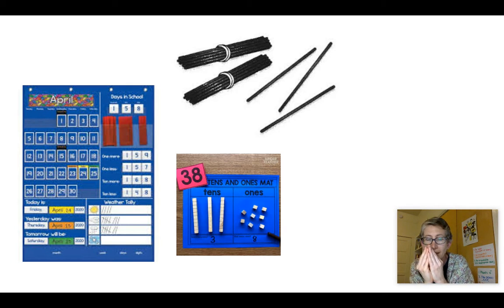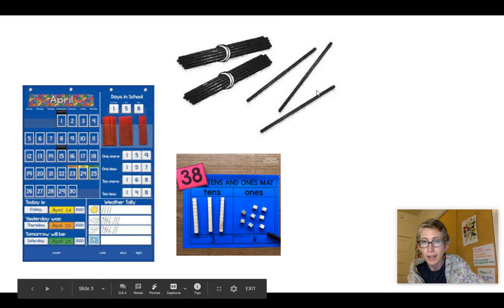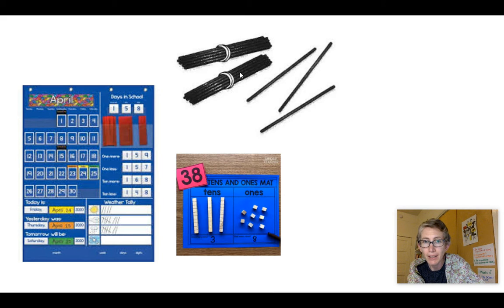We put them together in a bundle, and that bundle is called a 10. So you can see in the picture here I have some straws by themselves, those are ones, and here I have a bundle of 10. And when we talk about place value, we call those ones and tens.